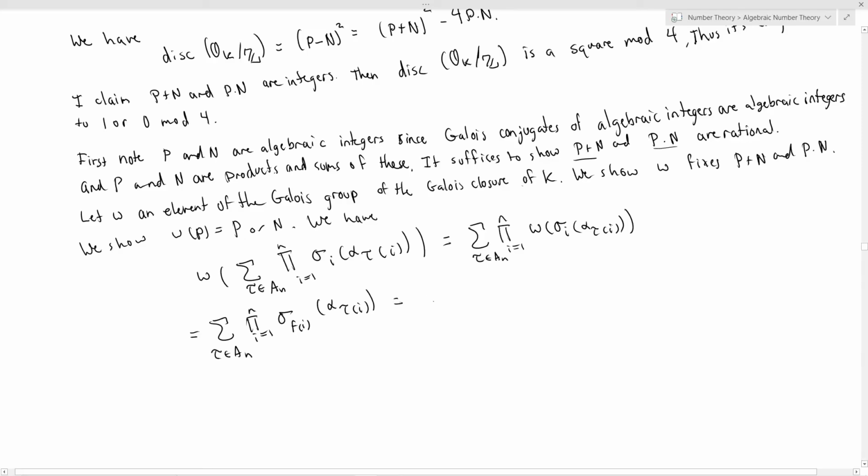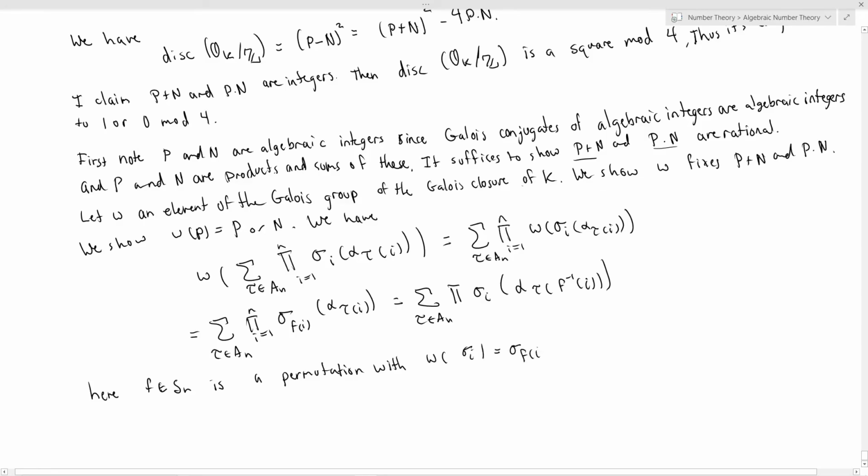And then just to have this thing in the right form, this is the sum over tau in A_n of the product of sigma_i alpha_tau(f^{-1}(i)), and here f in S_n is basically a permutation with omega of sigma_i equal to sigma_f(i).